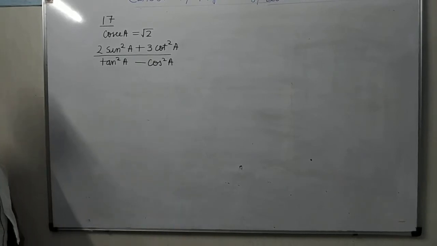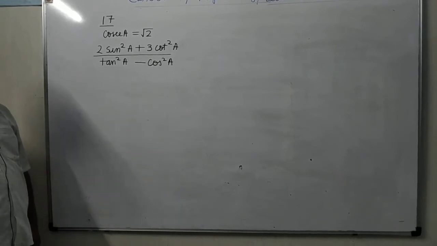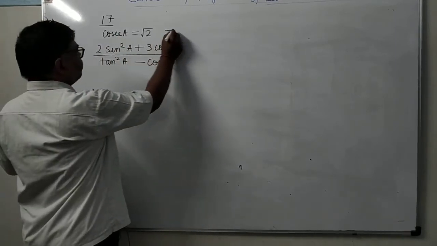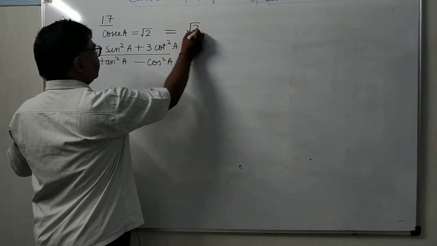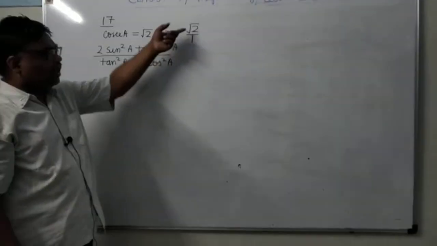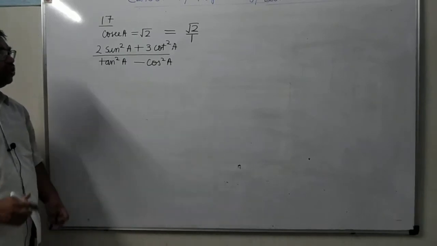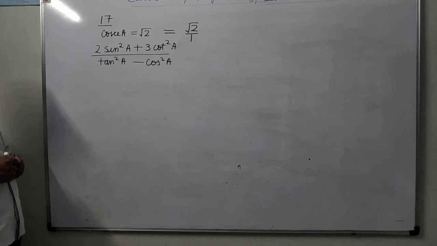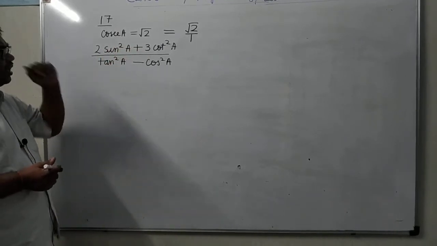Cosec is the reciprocal of sine. Cosec A is given root 2, root 2 means root 2 upon 1. So what will be sine A? You reciprocate this, so sine A will be 1 upon root 2. But how will you find the other values?